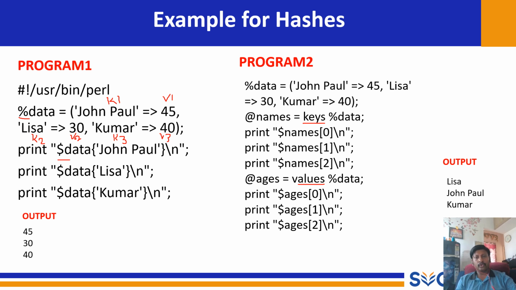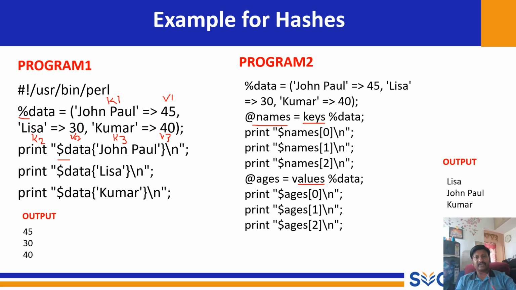If you use keys and give it the hash variable you have initialized, like %data, as an input, you will get a list of scalars. Here you get only the key values inside the array, that is the names array.